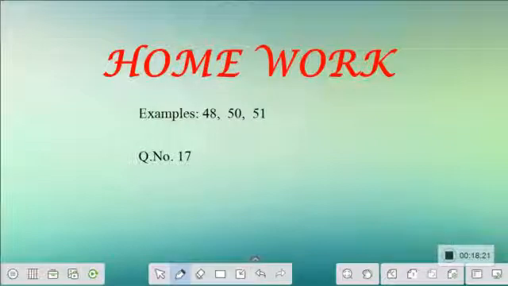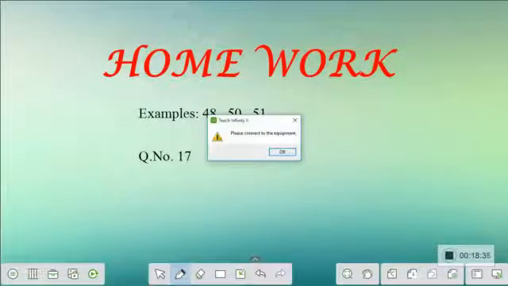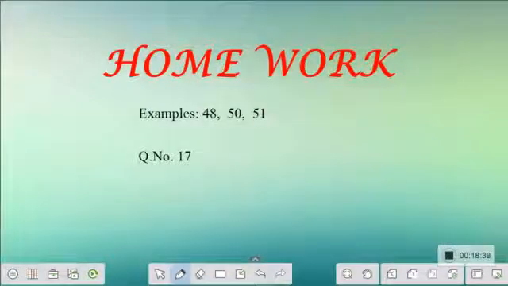That is why under miscellaneous problems we have not included the binary operation problems. So examples 48, 50 and 51 I have given you to practice. So finish up the example problems and exercise problems. There is only one problem left out, so complete it and then revisit the entire chapter once again before we start the next chapter.